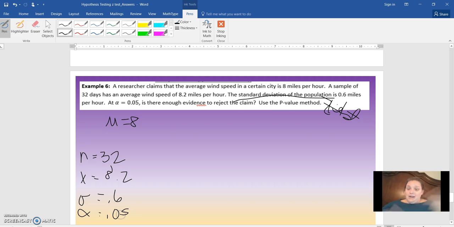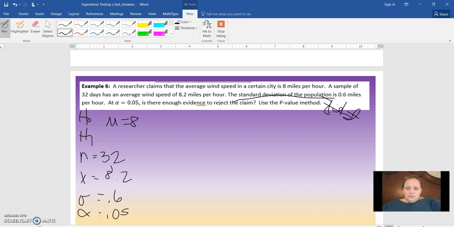I'm going to go through the exact same steps. I'm going to turn my calculator on, go to stat, test, z-test. Oh, we need to know our null and our alternative. We don't have enough information, so hang on.